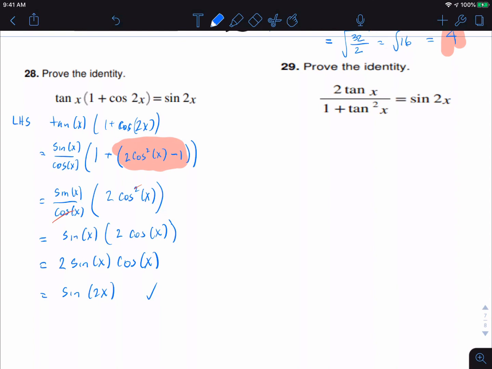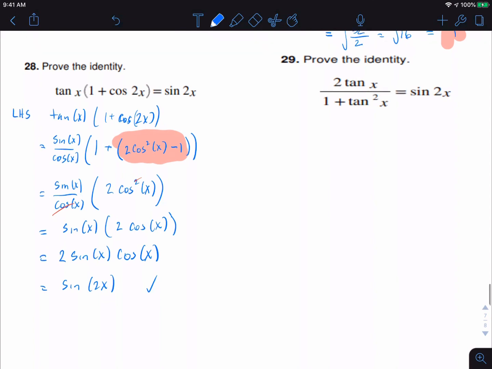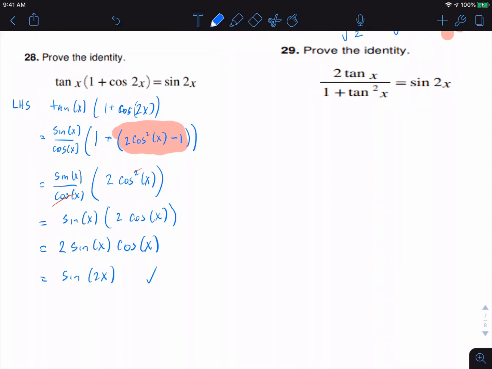Cool. Now, to do the other identity, we're going to go, all right, again, I said I'm stubborn. I like to use the left-hand side. I think there's more to work on the left-hand side, so it gives me more freedom. And the trick that I'm going to do is turn everything that's tangent into sine and cosine.